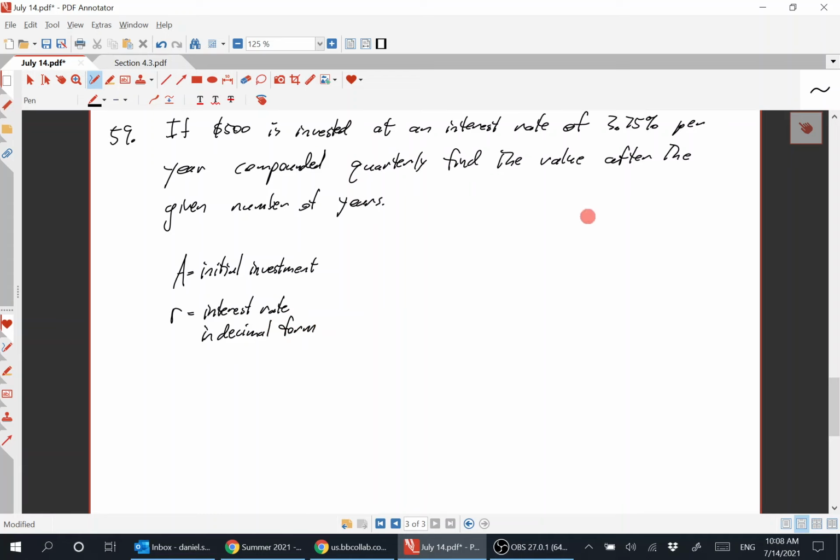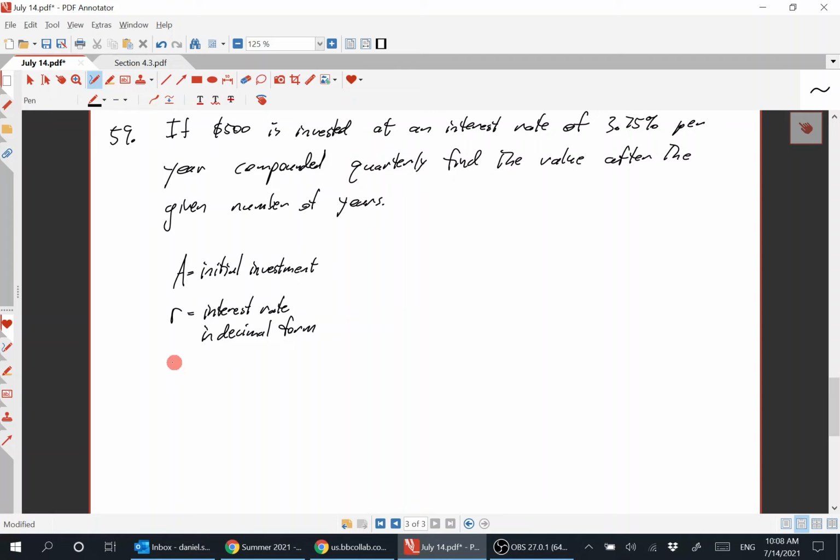So 3.75, you have to divide by 100, 0.0375, like that. So that's the decimal form. 3.75%, that's the labeled form, or the percentage form. So this is an unlabeled quantity, that's a labeled quantity.